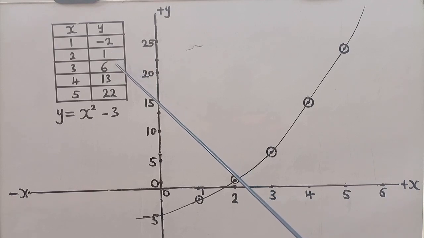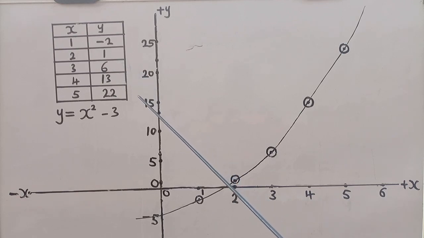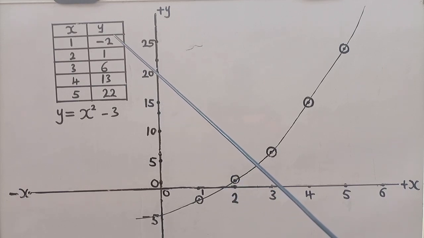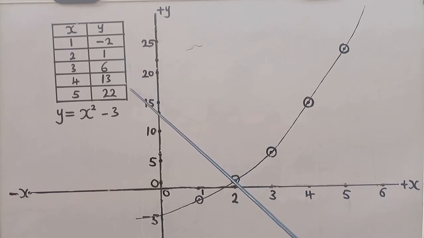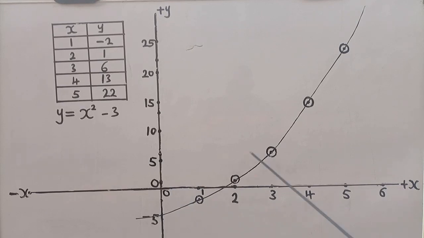From 1 to 6, the increase is 5, no longer 3. From 6 to 13, the increase is 7. And then from 13 to 22, the increase is 9. Imagine here an increase of 3, an increase of 5, increase of 7, increase of 9. The increase is not constant. This is why we don't have a straight line.